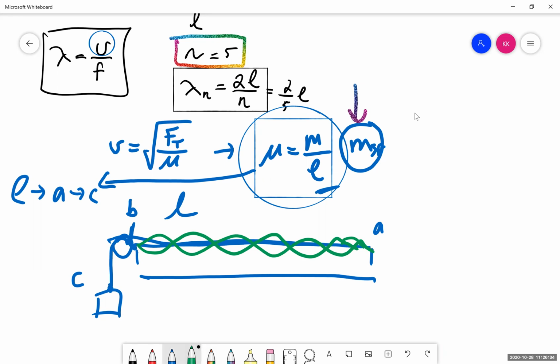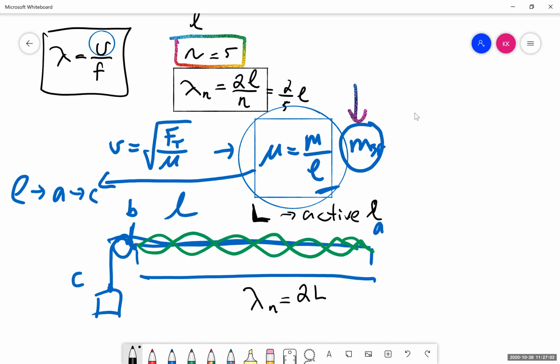Let's call that uppercase L. So my wavelength equation will be 2 times that uppercase L. This L is known as the active length. Active L means only the part of the string that is oscillating. So the length B to C is not part of it.